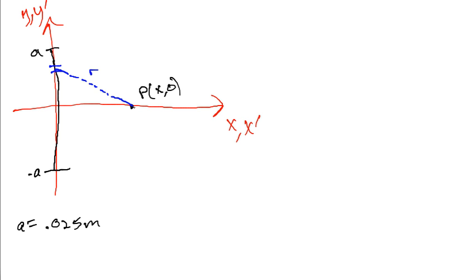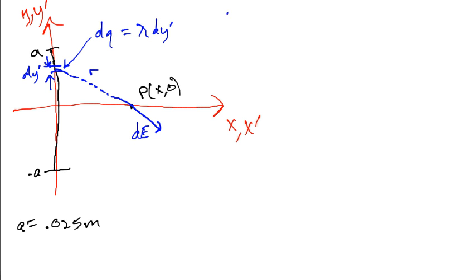And here's the contribution to the total electric field, this magnitude times that direction, due to this little bit of charge dq, which is lambda dy prime in this little line segment that's got a length dy prime.